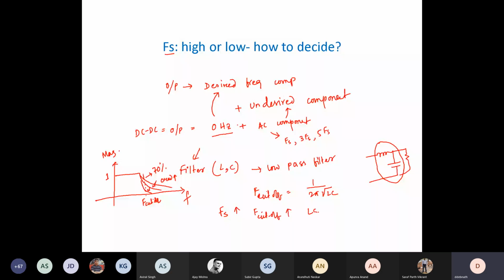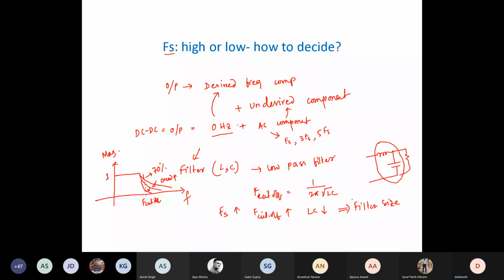If you remember our earlier class, we said one of the main motivations of power electronics is to reduce the size of the solution, right? One example I gave was that earlier we used to have this big fan regulator, but nowadays there is a very small fan regulator. This is an example of a power electronic solution.